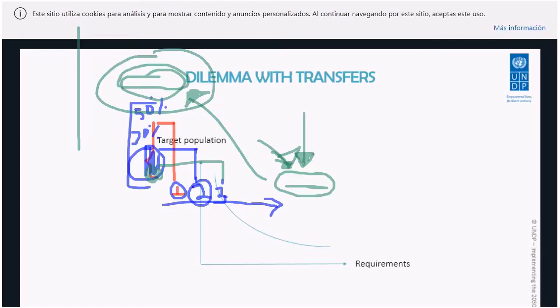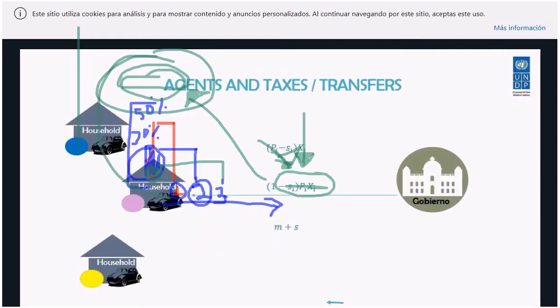Okay, so this is a very important figure, a very important graph for both the policymaker, and probably many of you here are policymakers and you know a lot about this, but also, if you are more interested in the implementation of a microsimulation exercise, it is important for you to bear in mind this basic scheme.